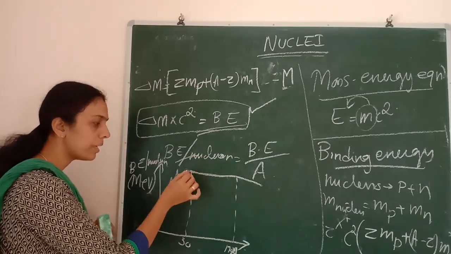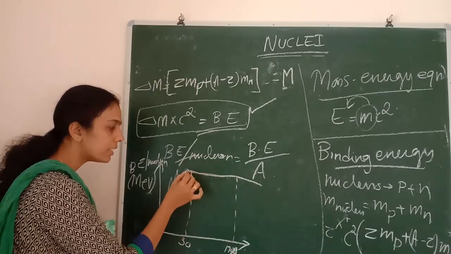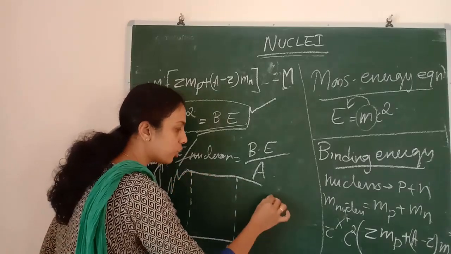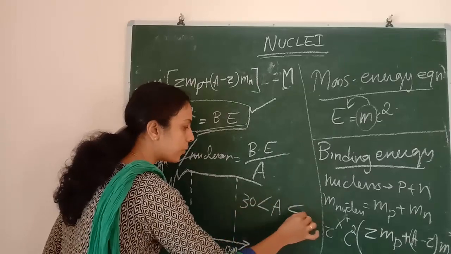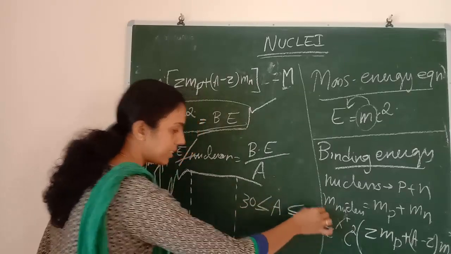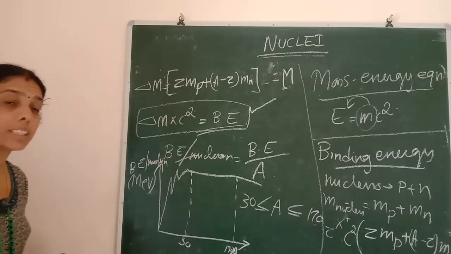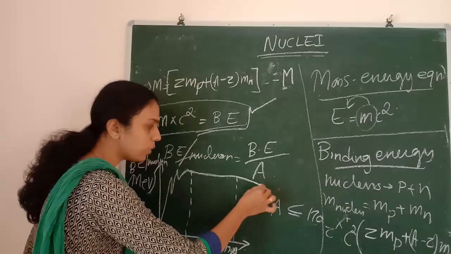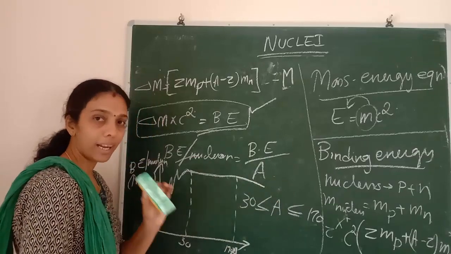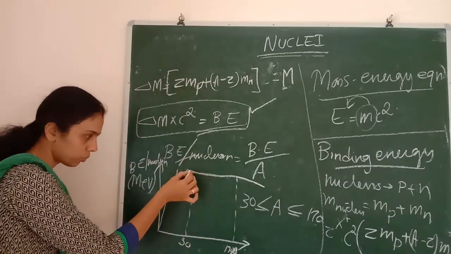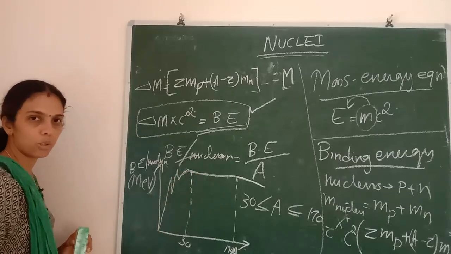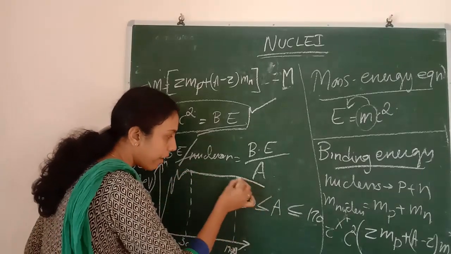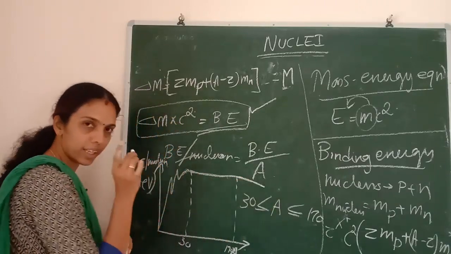From 30 to 170, that is, the mass number between 30 and 170, including 30 and 170, it is almost constant. So heavier nuclei have less binding energy in mega electron volt, and lighter nuclei also have less binding energy.